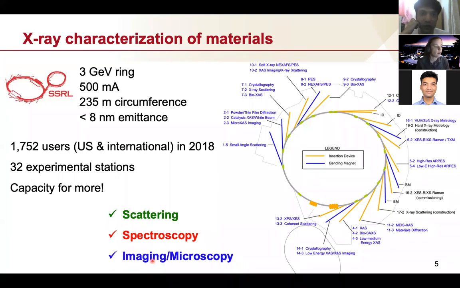Because of the COVID virus, we are trying to put as much of our instruments remote and remote access as possible so that users can remotely take data from their home country. But that's obviously something that's going to take a while. There are some experiments that are more readily available than others. So for example, some of our scattering beam lines, we now have robots for the sample changing. Got it.